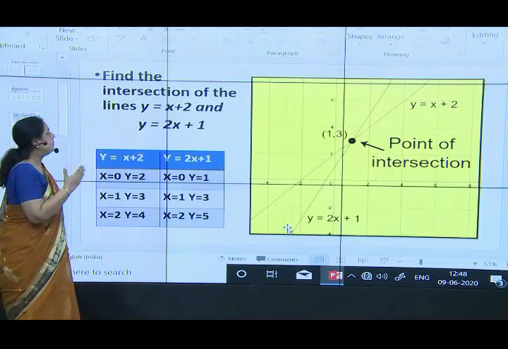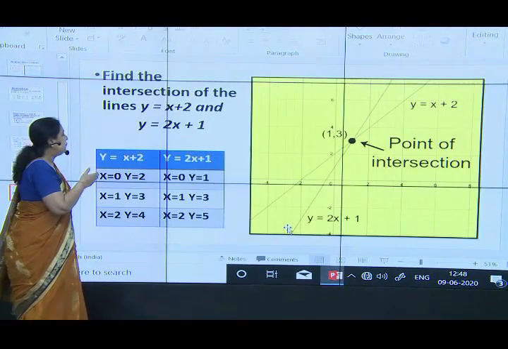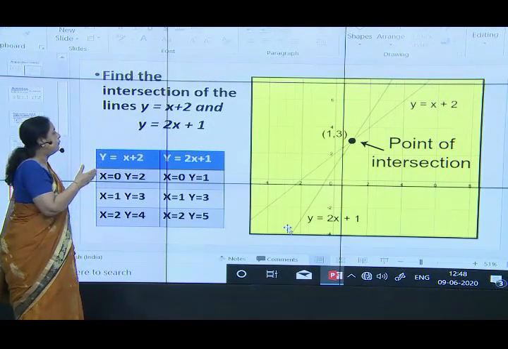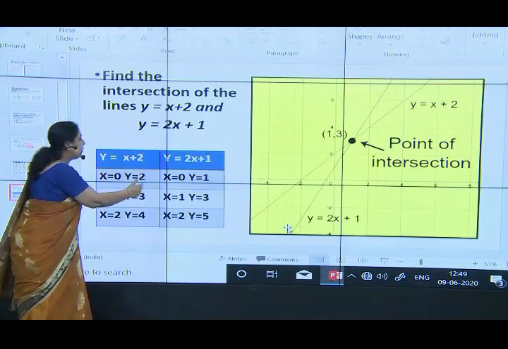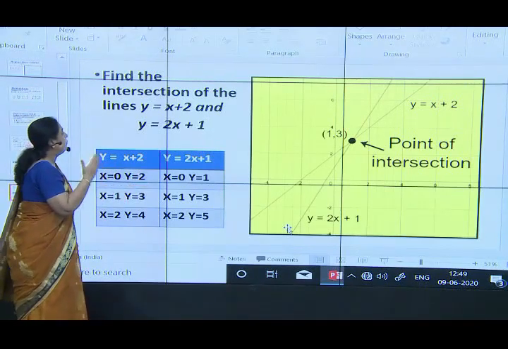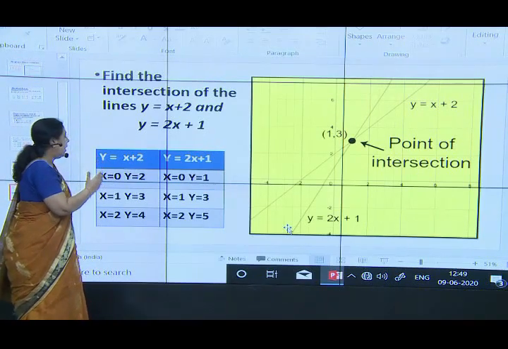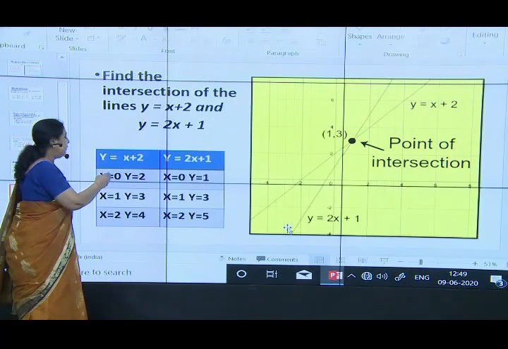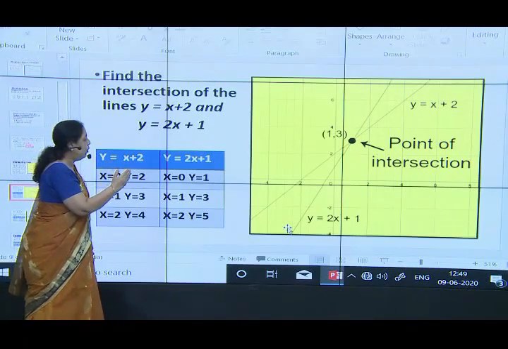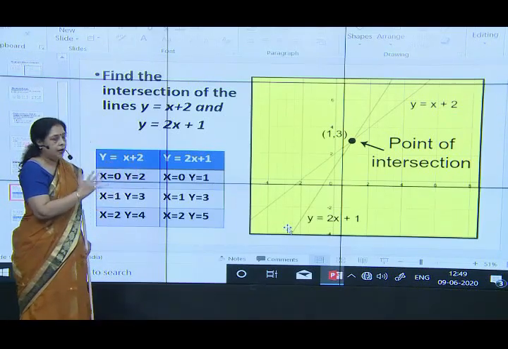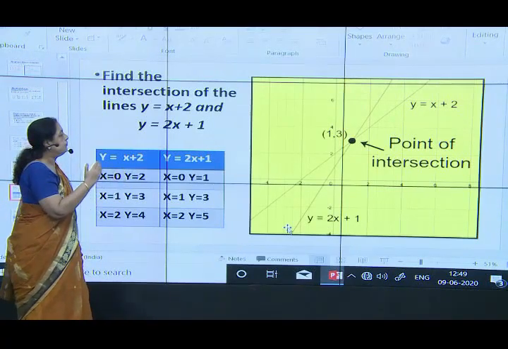To represent these equations graphically, we need to find the solutions of both the equations. Solutions of the first equation are (0, 2), (1, 3), and (2, 4), and solutions of the second equation are (0, 1), (1, 3), and (2, 5).